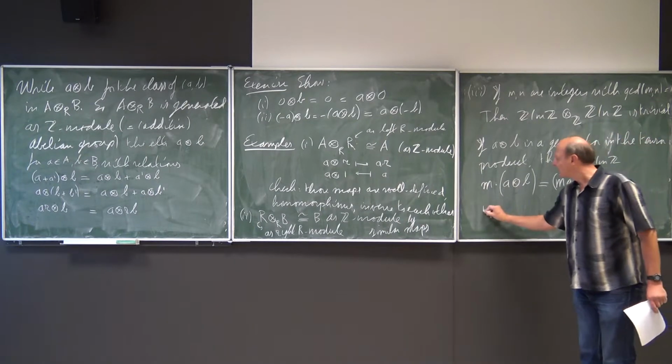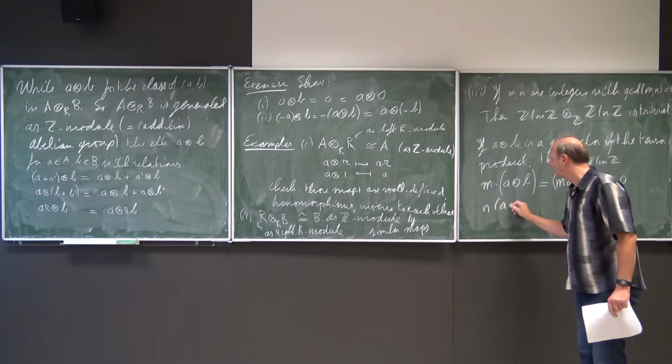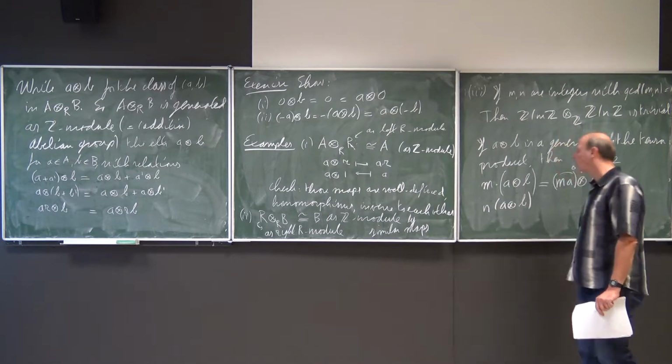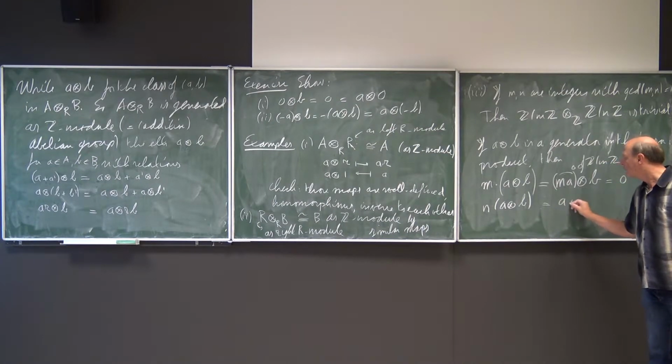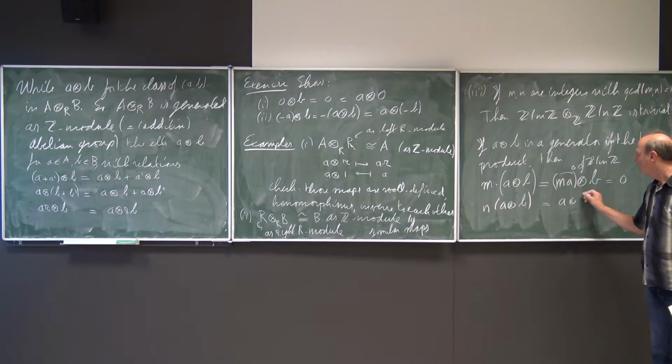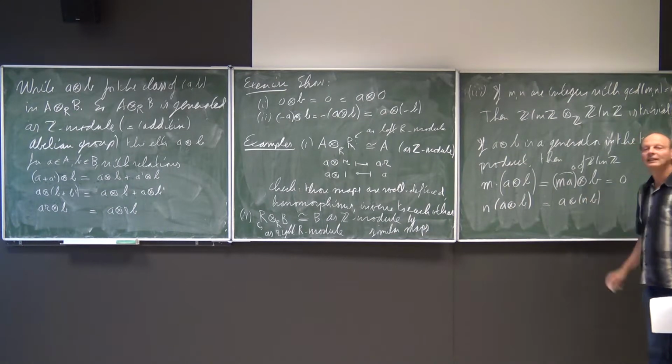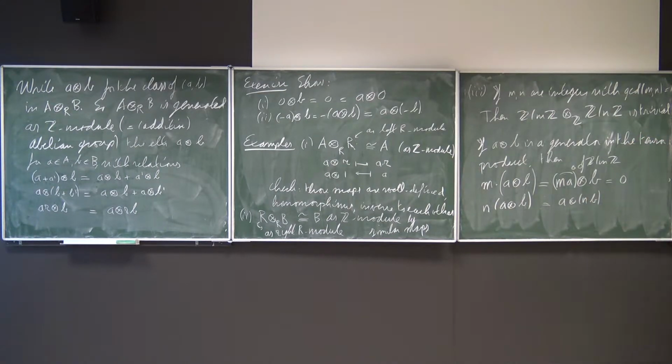And I can play the same trick in the second coordinate, and now I multiply by n. And again, from the second tensor relation that is written there, you can check that I can move the n. I could move it in the a, but I prefer to move it into the second position now because that's where I work modulo n. And it's also going to be 0 in the tensor product.